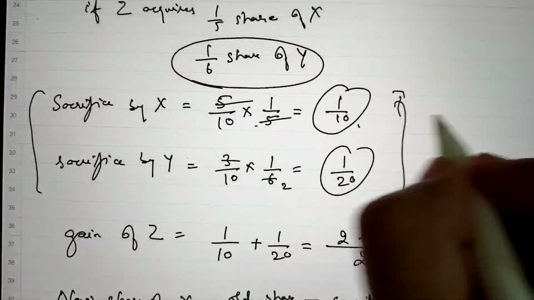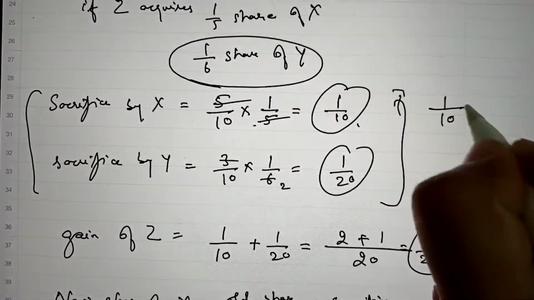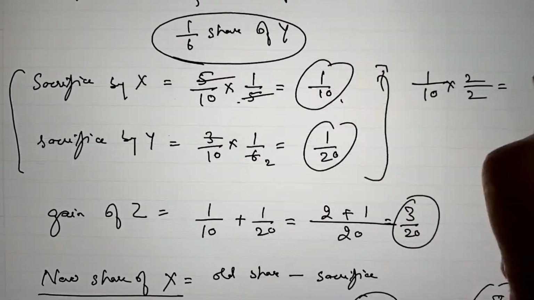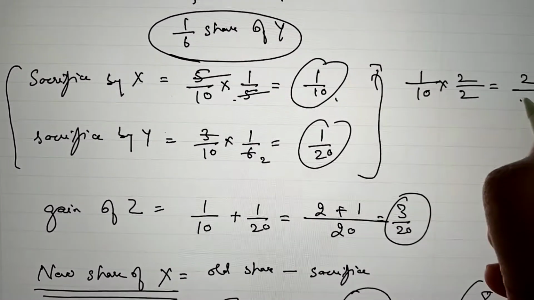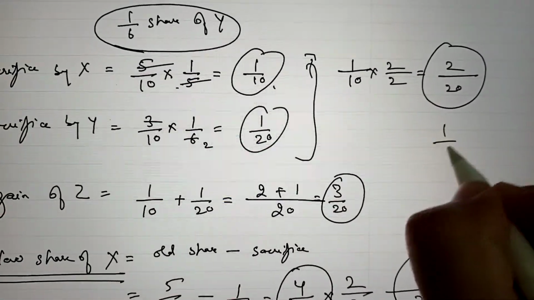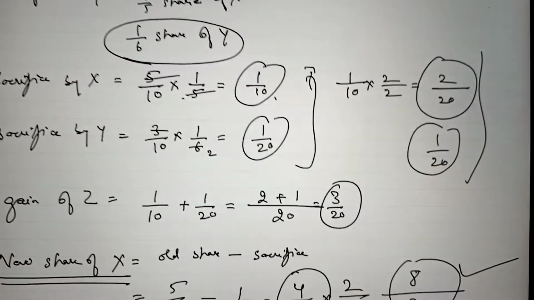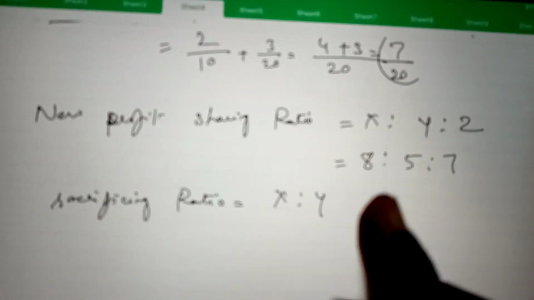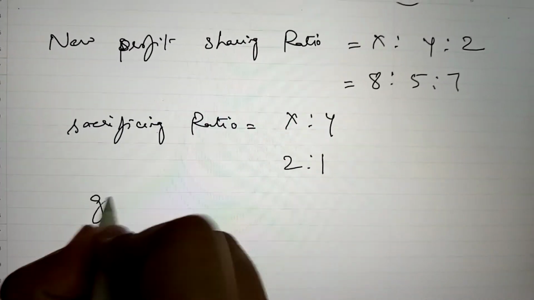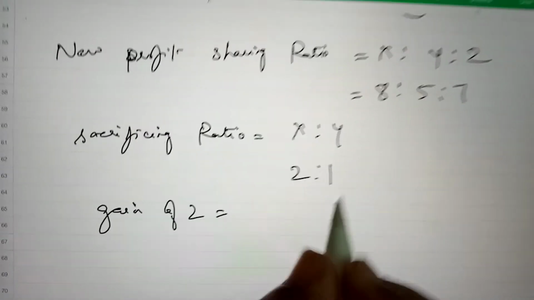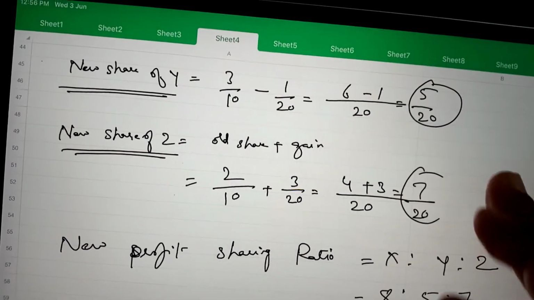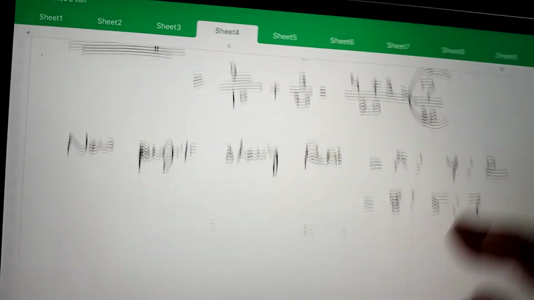It can also be converted, multiplied by 2 to have the same denominator. So it is 2/20 and 1/20. So the ratio is 2:1, and the gain of Z is equal to 3/20.